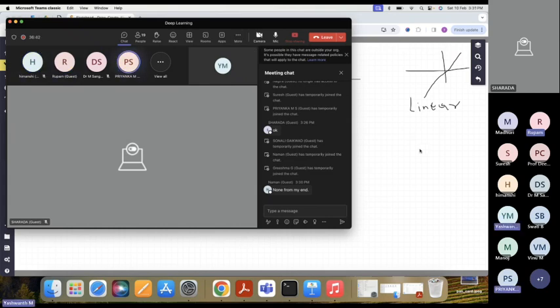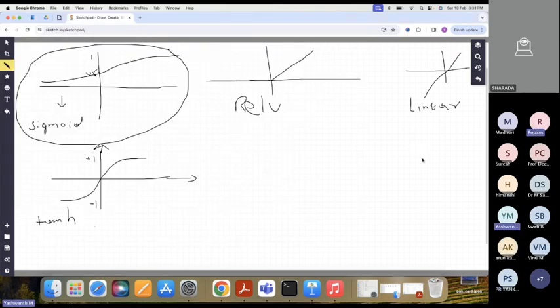Okay, so you guys are done with backpropagation. Given any neural network, you should be able to write the backpropagation for the weights. Well, we'll see.